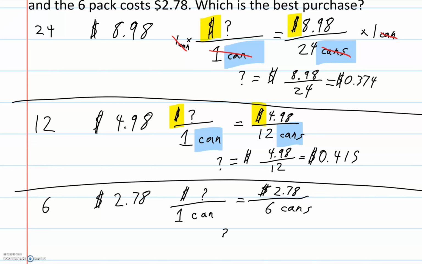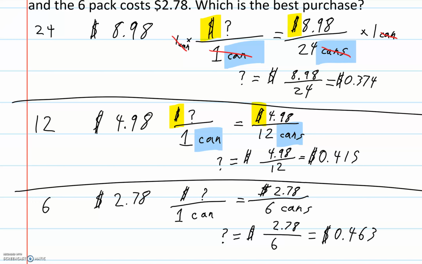Again, going through the process, multiplying by 1 can on either side, cancel stuff out, and then we're left with basically just the amount. So if we plug that into our calculator, we end up with 0.463.